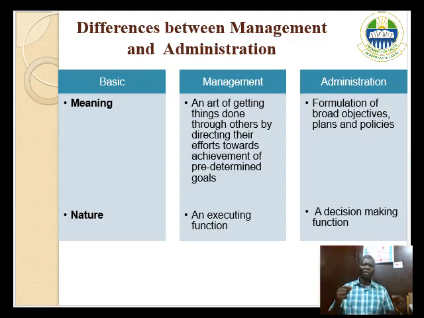Then we look at it from the nature aspect, in terms of executing the policy or the functions. Who are those people involved in executing that policy or making that thing function well? Then in administration, we talk about decision making. Who are those people involved in decision making of the policy? That is what administration does.